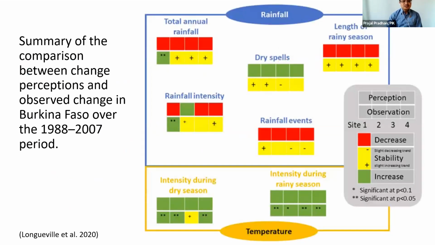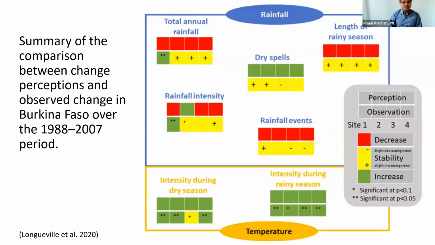Here you see two rows and four columns. The four columns are different sites, and the two rows are the perception of the people, and the observation.